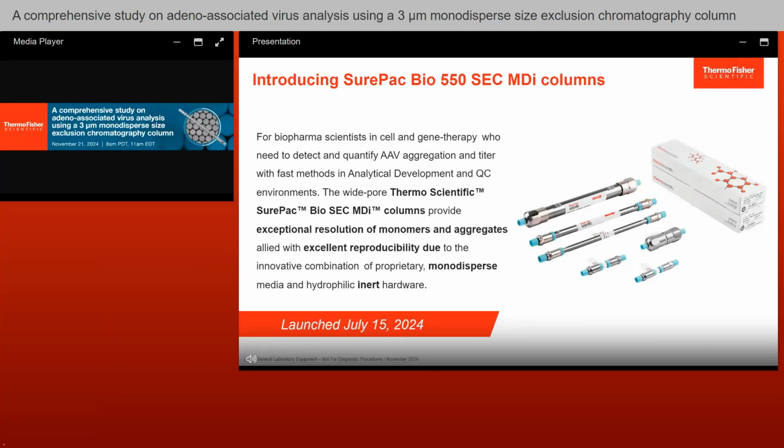And with these new 3-micron monodisperse particles, it's going to enhance that resolution and reproducibility. All of that media is packed into a hydrophilic inert hardware. This product was launched this year in July. And as you can see, we have a variety of different formats to support your analytical needs.